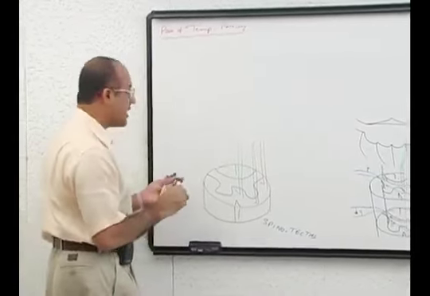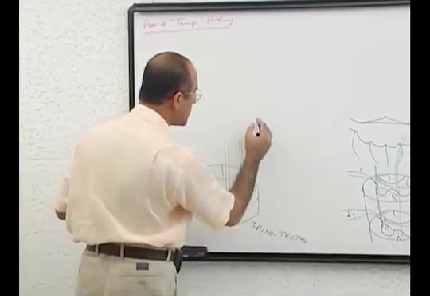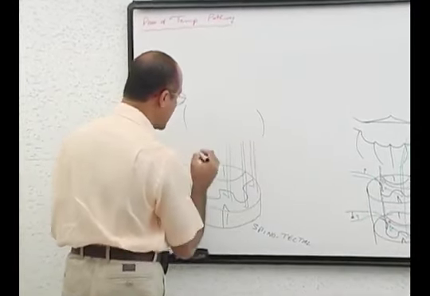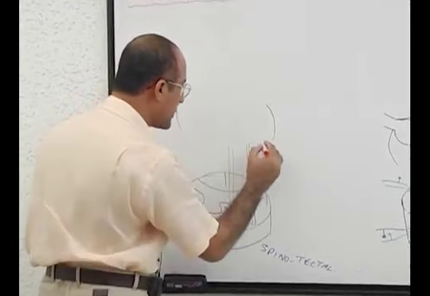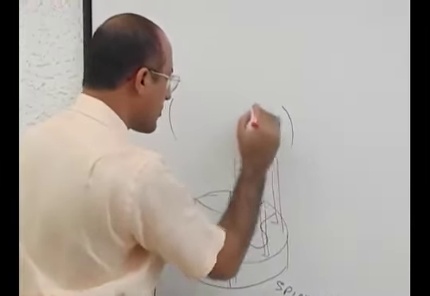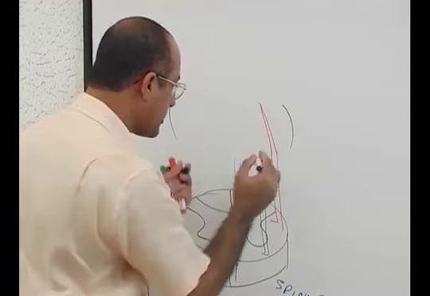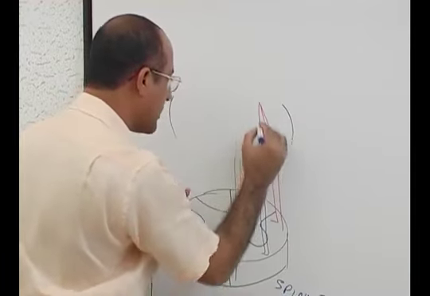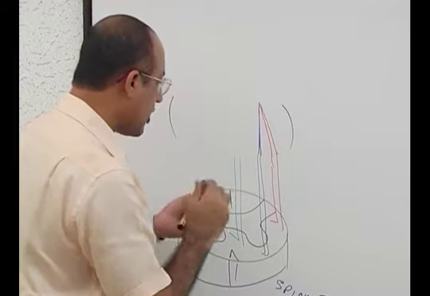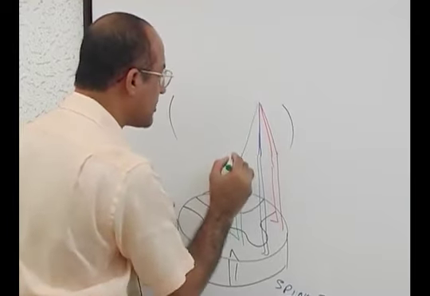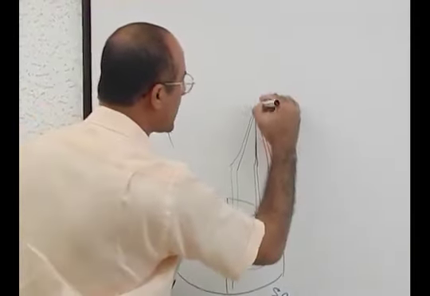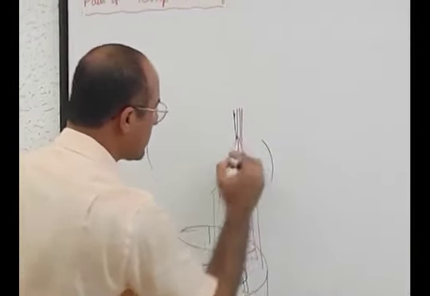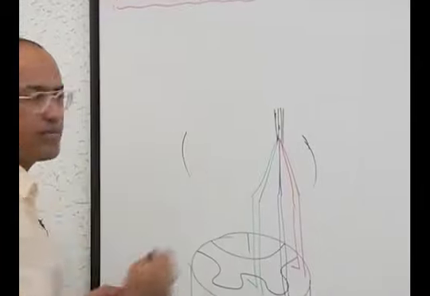Because at the level of medulla, they fuse together. And when all three of them are fused together, these fibers then run anatomically as a single bundle from the medulla upward.